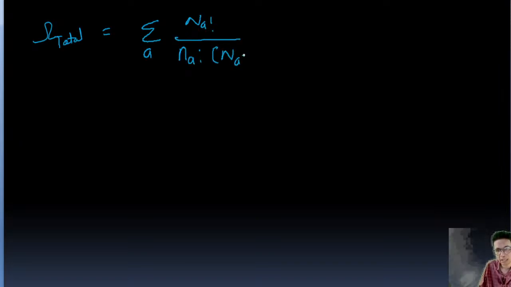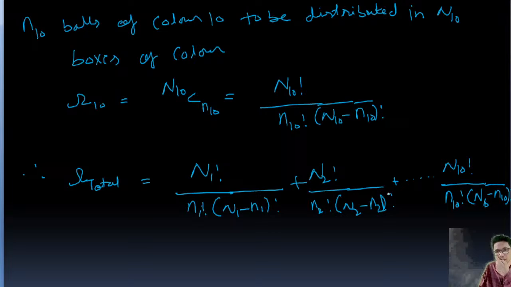So omega total is going to be, or we can write, sigma A is 1 to 10, right? Sigma A, capital NA factorial upon small NA factorial into capital NA minus small NA factorial. We can write like this because these are additions, right?